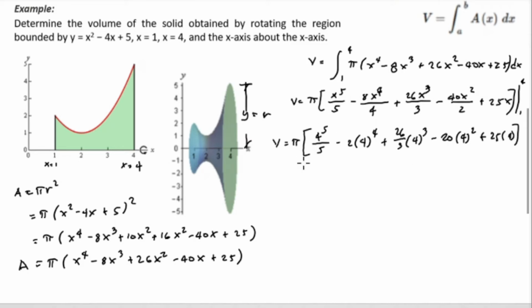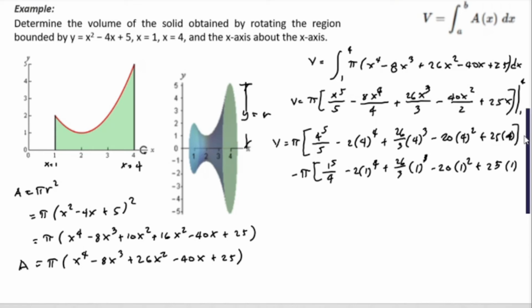And for the lower limit, we have a negative sign of pi, open parenthesis, 1 exponent 5 over 5 minus 2 times 1 exponent 4 plus 26 over 3 times 1 cubed minus 20 times 1 squared plus 25 times 1. So this is positive 4. And close parenthesis.